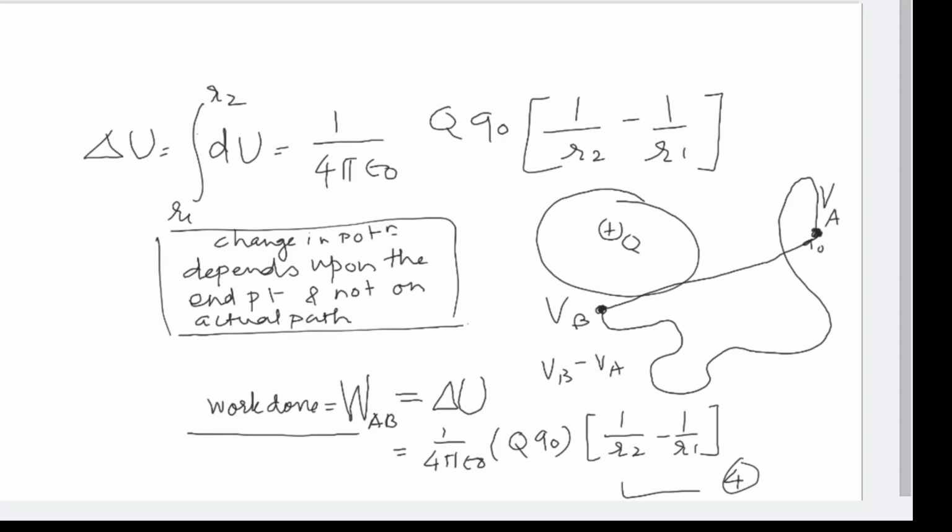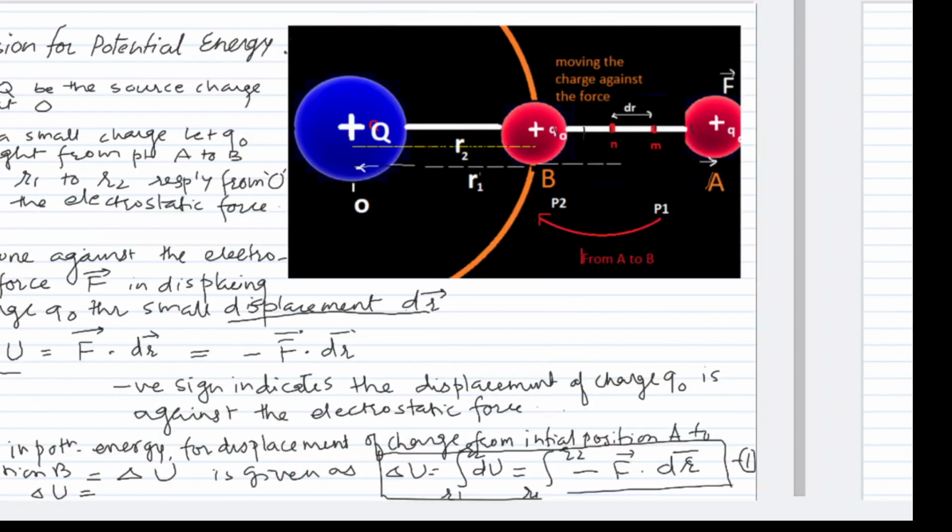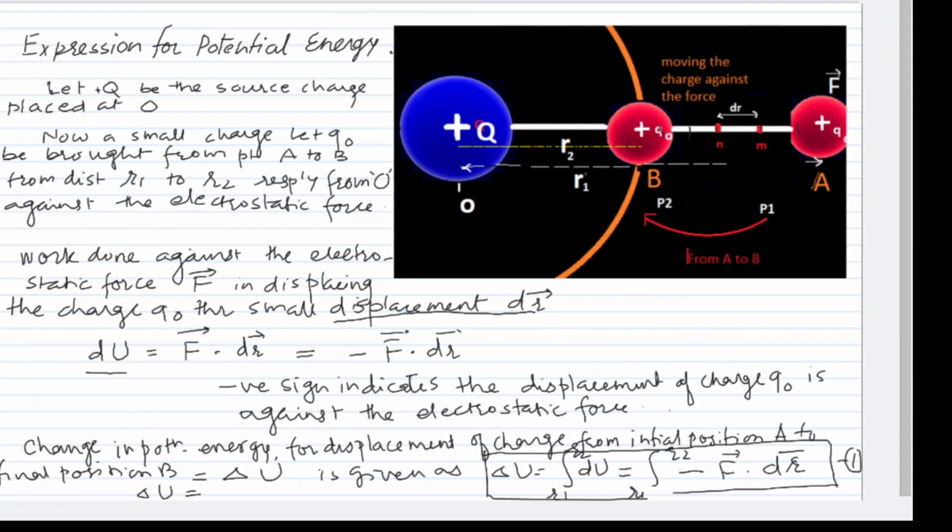So in this way we can give the expression for the electric potential. It is very simple to understand. In short we will repeat it again to understand. We have taken two charges here and they are separated by some distance r1, and now we are going to bring this charge from this position to this position.